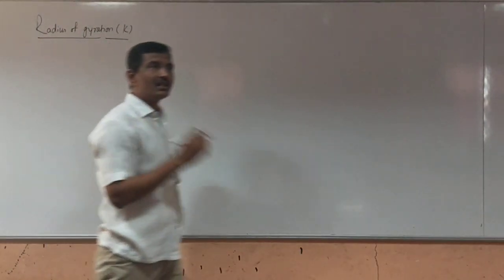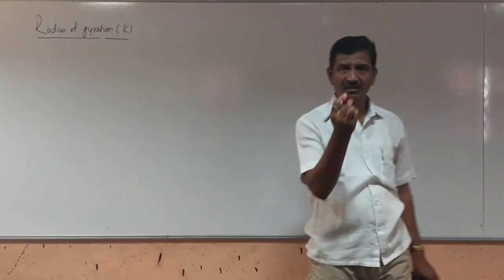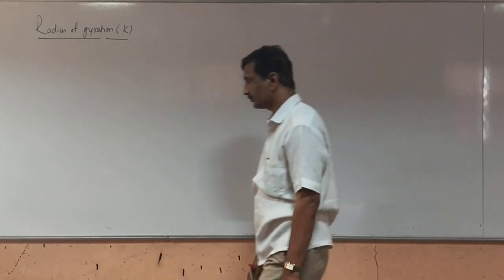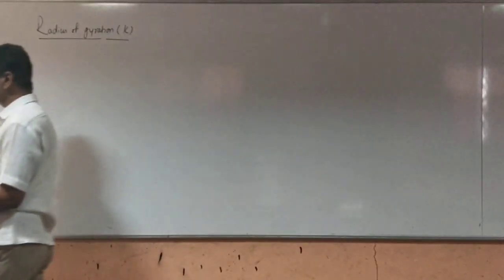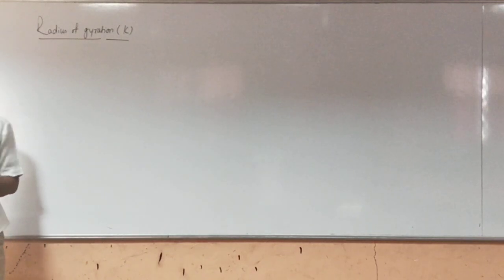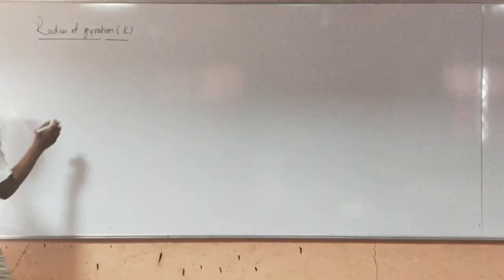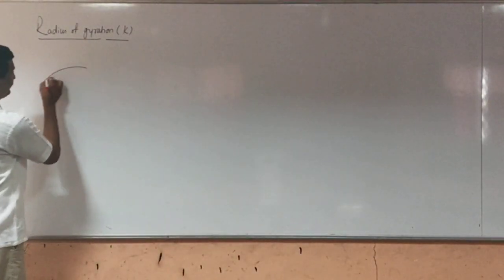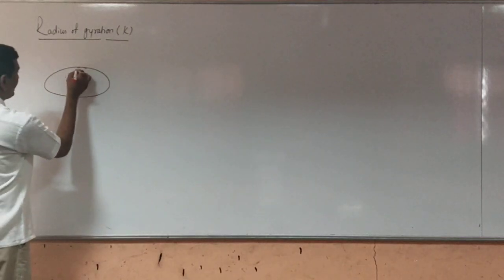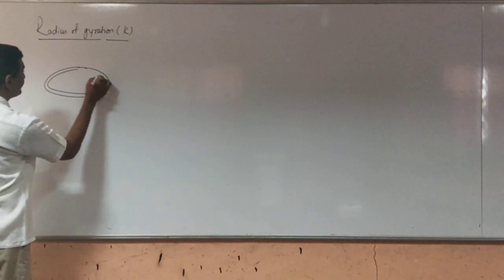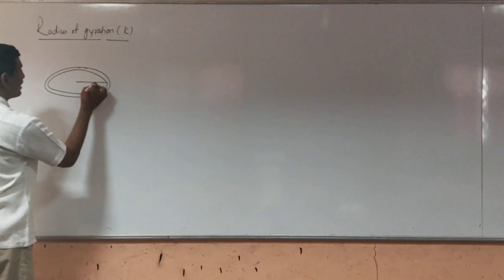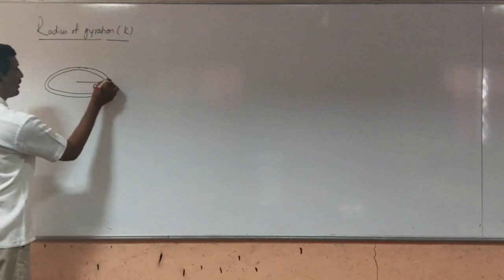So to study the radius of gyration, first we consider one simple example. Suppose we consider a ring of mass m and radius r rotated about a given axis of rotation. So this is a ring. It is of mass m and radius r.